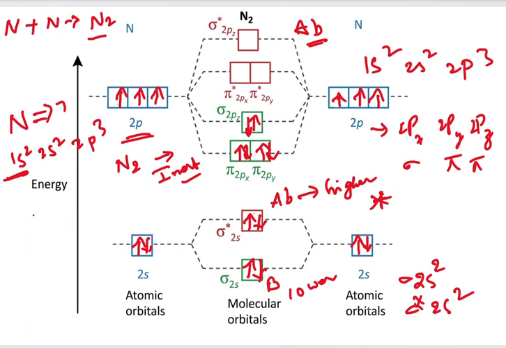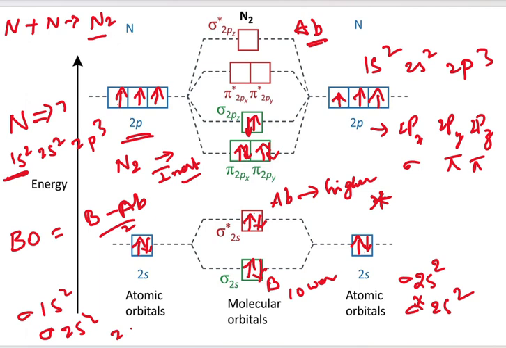If you look at the bond order, it can be calculated as the number of bonding electrons minus anti-bonding electrons, divided by 2. So how many bonding electrons do you have to count? Sigma 1s2, sigma 2s2, sigma 2pz2, and also pi 2px2 and pi 2py2.